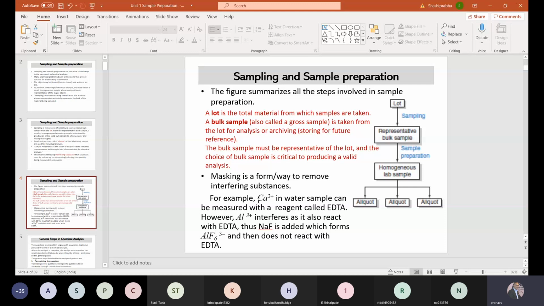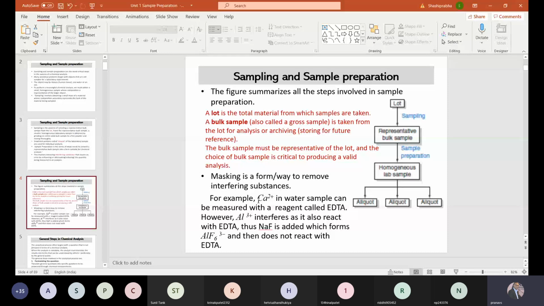But if you cannot, then you need to convert it into a form which is inactive, which does not take part in the reaction with EDTA when calcium reacts with EDTA.